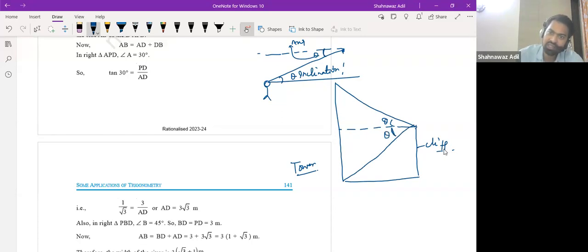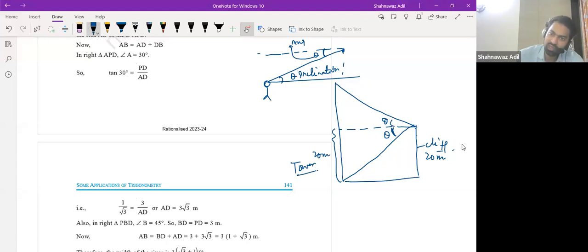So these angles are equal. And what is given? What is given is that this cliff is 20-meter high, right? Right, Shaima? Yes, sir. So then we know that this is 20 meters.